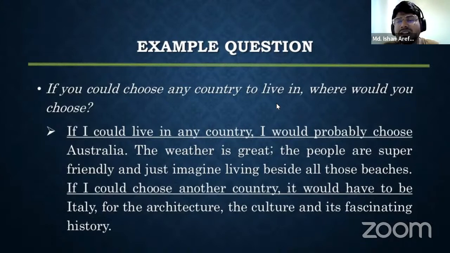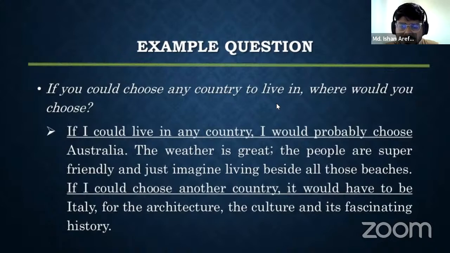After that, give any kind of additional information or example at the last part of the answer. So that's the criteria. Give your answer, give an explanation, after that give additional information or any kind of example. So that's the basic structure of answering any question in IELTS task 3.